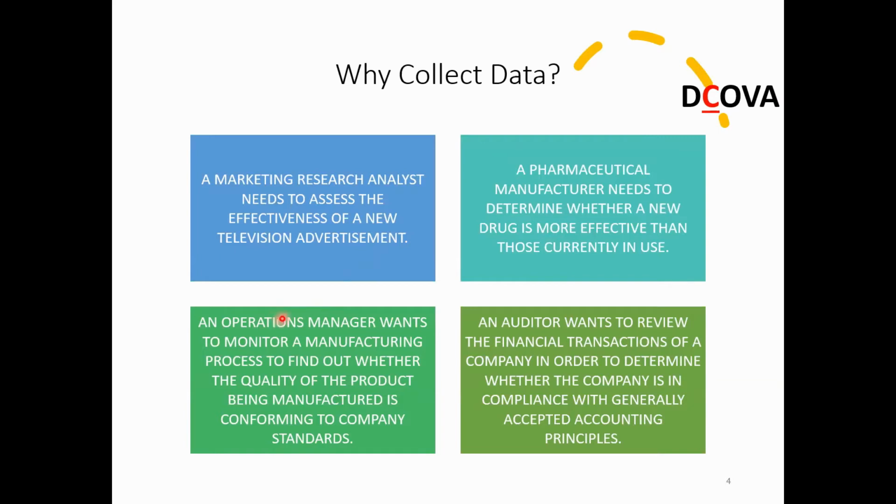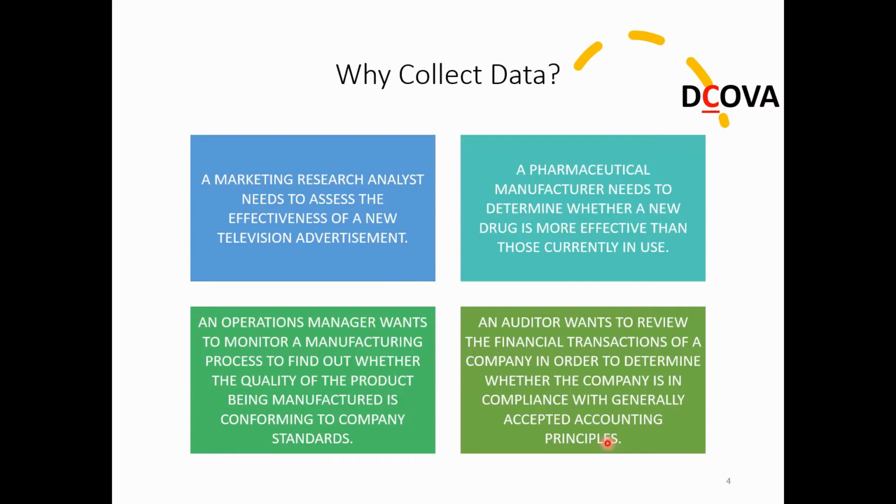And then an operations manager might need data to check whether the quality of a product is in accordance with the standards set by the company. An auditor might need data on financial transactions done within the company, whether those transactions are in line with the accounting principles. If you checked the news in June 2020, there was a financial fraud occurring in Germany.